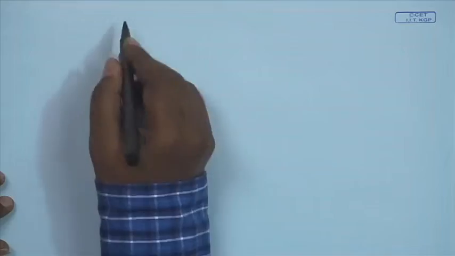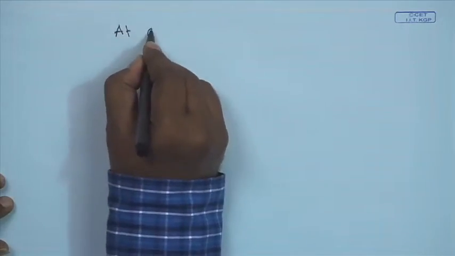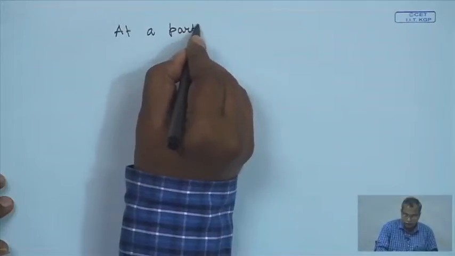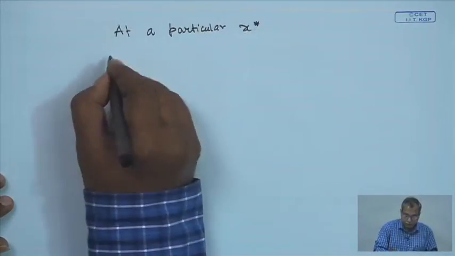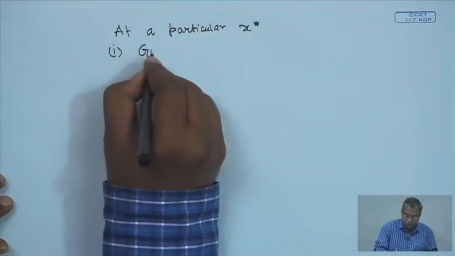Now, let us see how we do the computation of the system performance and predict the system performance. The next step is we will be doing a numerical calculation. So, at a particular x location, at a particular x star, we guess a value of Cm star.